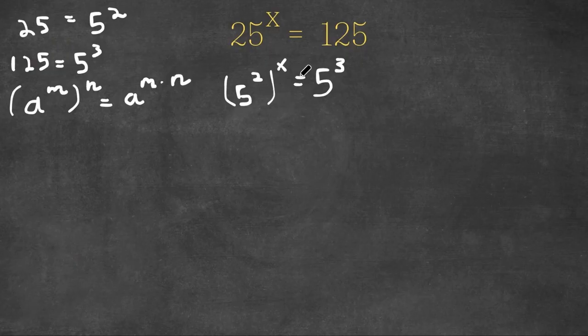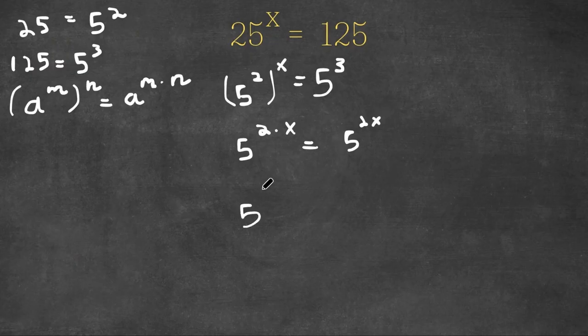So 5 to the power of 2, to the power of x, is going to equal 5 to the power of 2 times x, which is simply equal to 5 to the power of 2x. So now we have 5 to the power of 2x is equal to 5 to the power of 3.